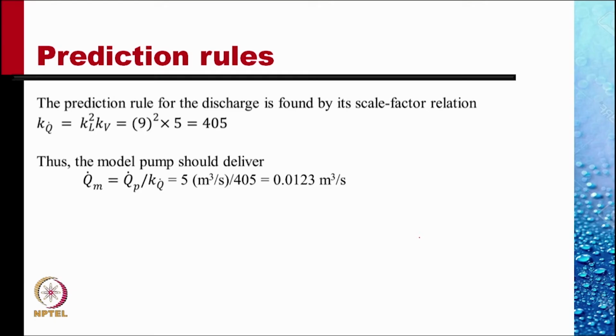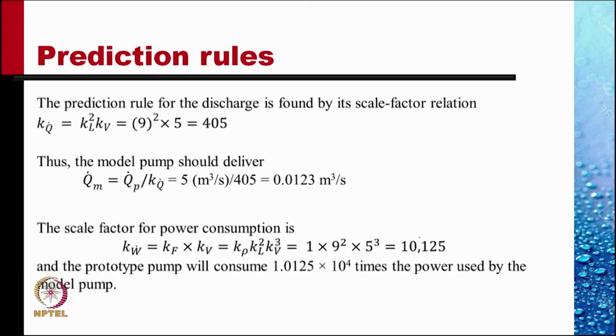So the scale factor for the discharge is 405. The prototype pump would discharge 405 times the discharge of the model pump. And since the prototype pump is to discharge at 5 meter cube per second, the discharge in the model would be merely 0.0123 meter cube per second.